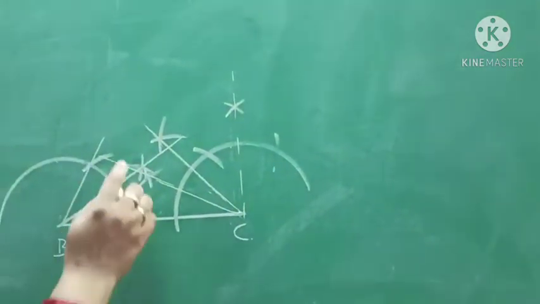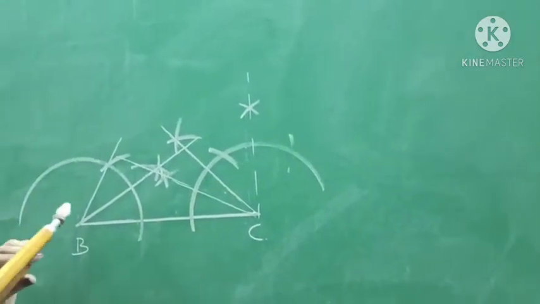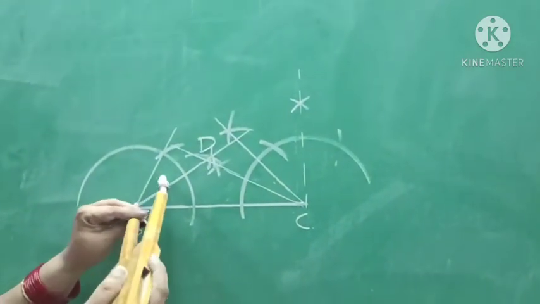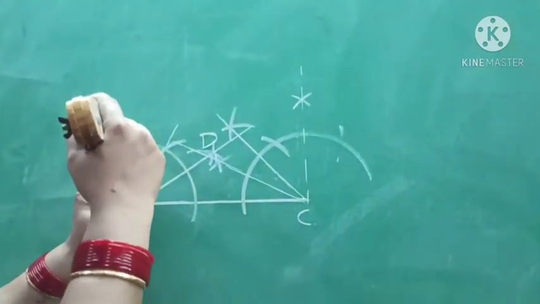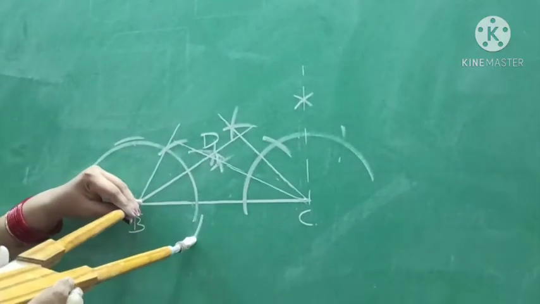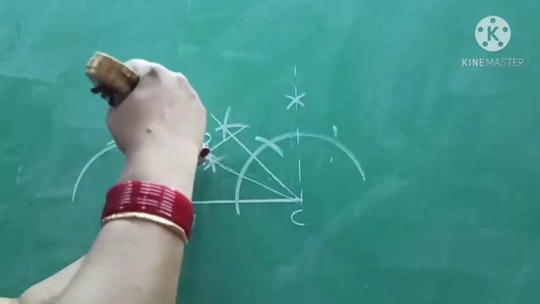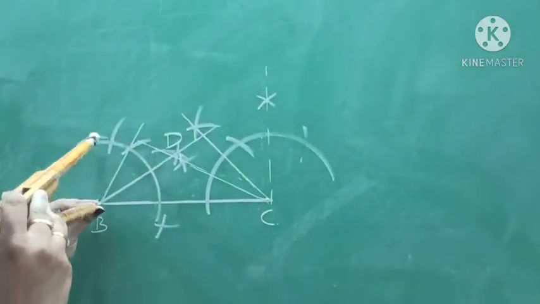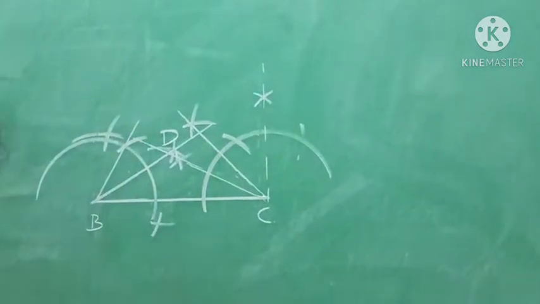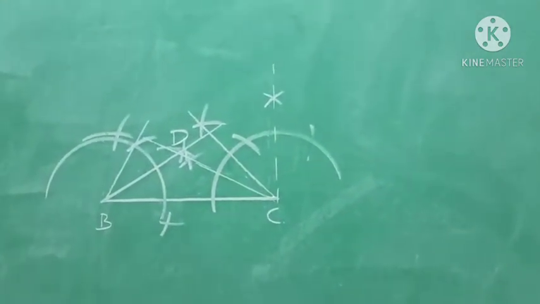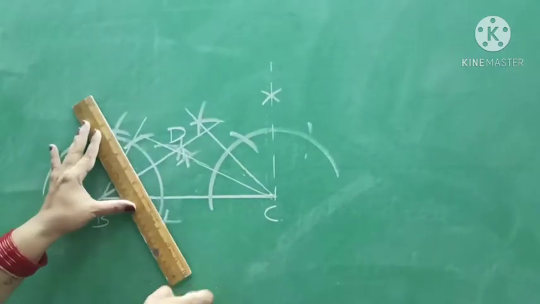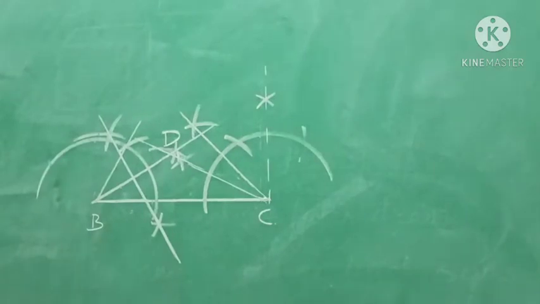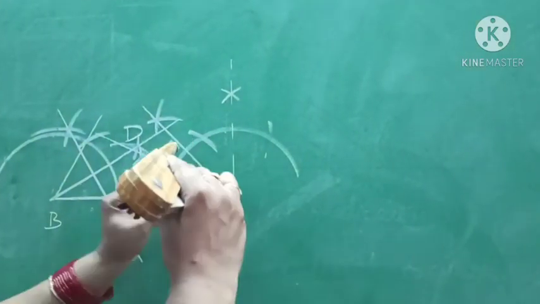Now the perpendicular bisector of these lines, that is, if you name this as D, so the perpendicular bisector of BD and the perpendicular bisector of DC.